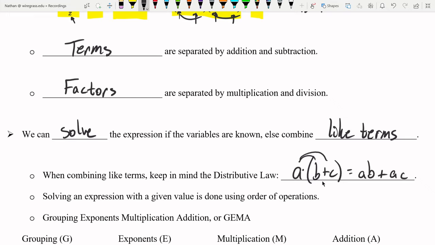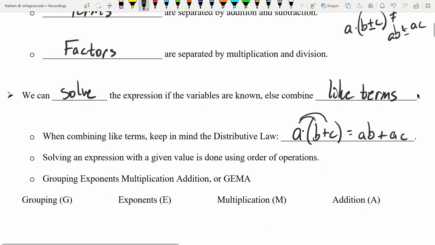Multiplication distributes over addition, not over multiplication or division or anything like that. So a times b times c does not equal ab times ac. It's not over multiplication, only addition. And because it's addition, that means it's also subtraction. So keep that in mind for the distributive law.